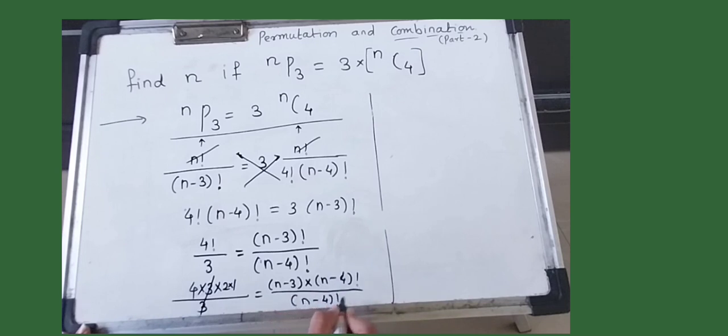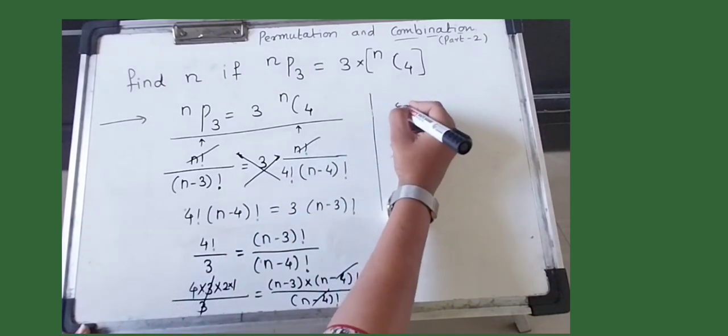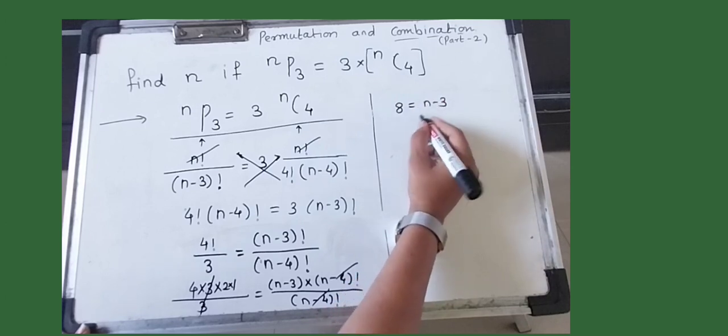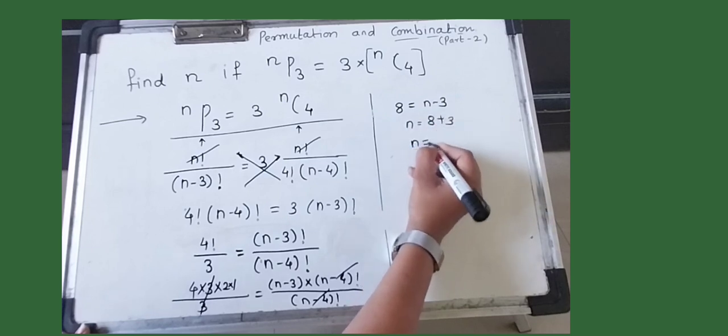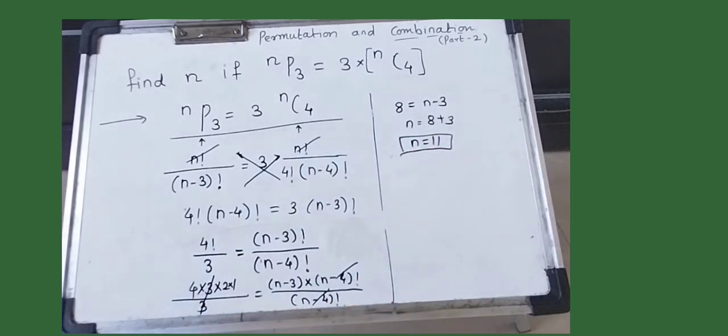That's why I write here. So this gets cancelled. What we get? We get 4 into 2, that is 8. 8 equal to n minus 3. Okay. So what we have to find here? N. So 8 plus 3 is 11. So our n is 11. Final answer is 11. Getting or not?